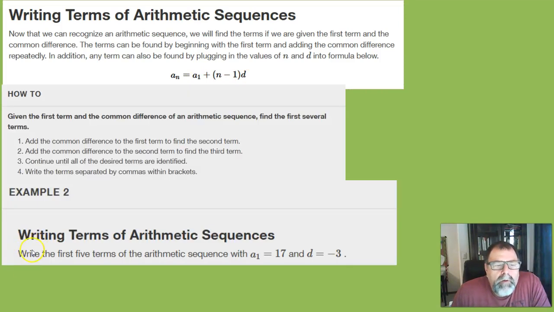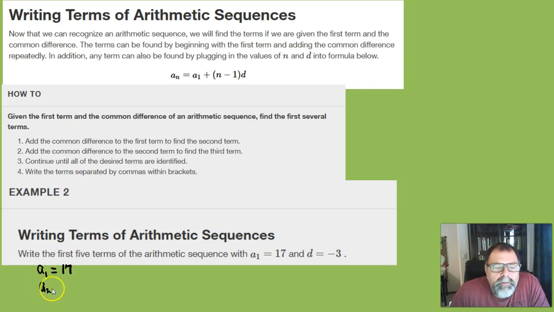Okay, so let's write the first 5 terms of the arithmetic sequence with the first term being 17 and the common difference being negative 3. Remember, you add the common difference to the first term to get the second term, and then you repeat that until you get the desired number of terms. So the first term is 17. Basically this is like a recursive formula.